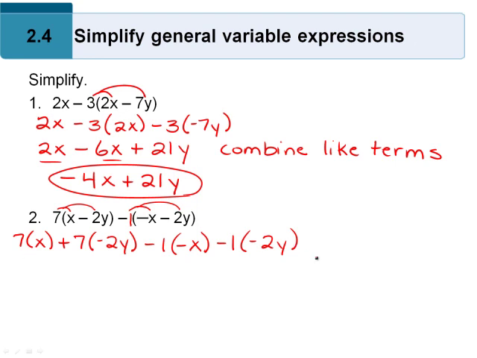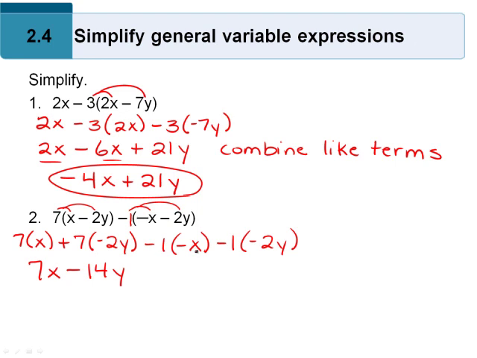Okay, so now we go back and multiply. So 7 times x is 7x. 7 times negative 2y is going to be negative 14y, because remember the signs are different, so the answer is negative. Now the next term we have a negative times a negative.